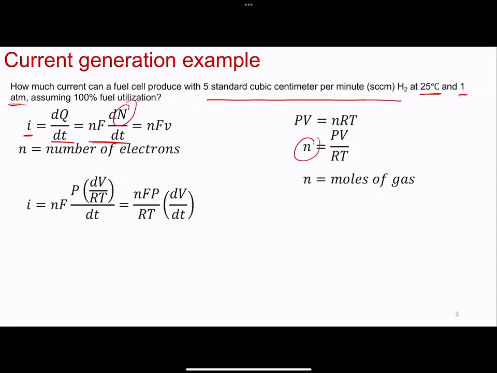So when you see the ideal gas law, you have probably seen it in the second form, where it's PV equals small n RT. That's not to be confused with this small n, which is the number of electrons. So you can see here, the chemistry folks use slightly different terminology than the electrochemistry folks.